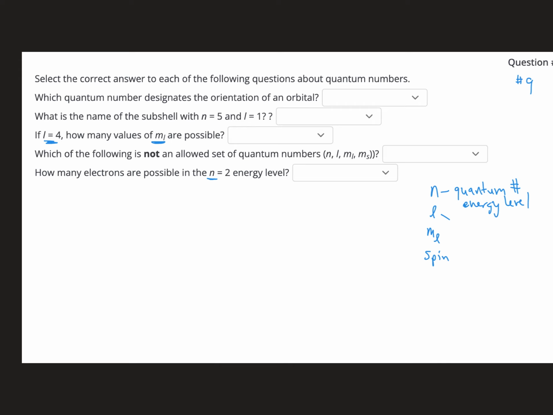L is basically telling us what orbital we're working in. ML tells us the orientation of that orbital, and then the last one is MS, it's our spin of the electron. It's either going to be spin up or spin down.